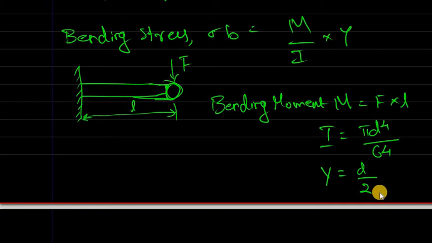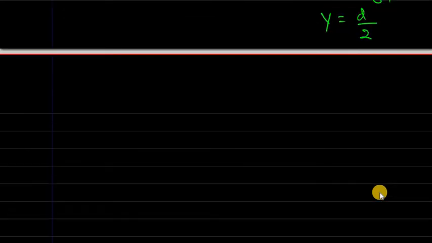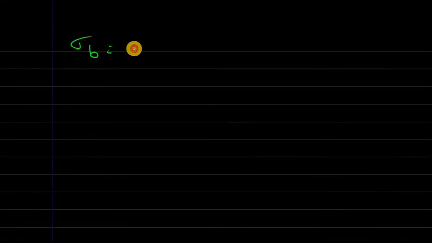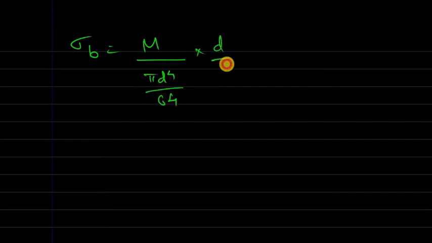So by substituting these values we will get an equation for the bending stress like sigma B is equal to M divided by the moment of inertia pi d raised to 4 by 64, Y is equal to d by 2, so it becomes 32 M divided by pi d cube.